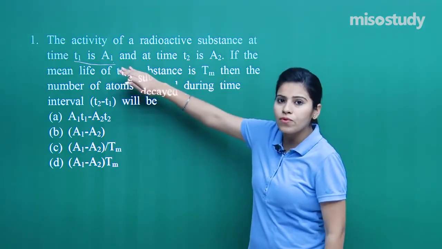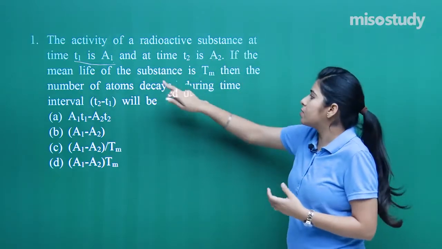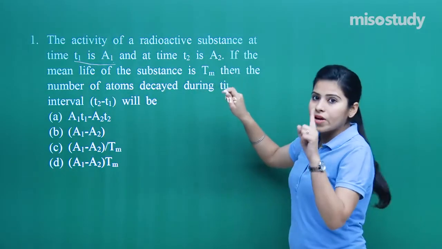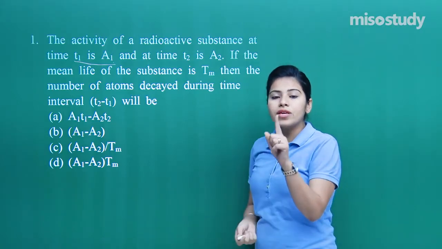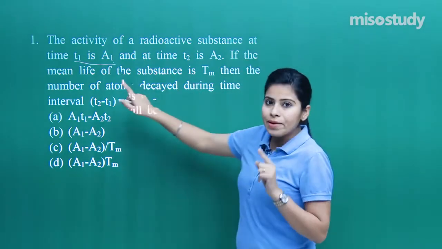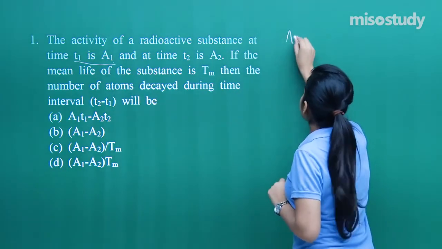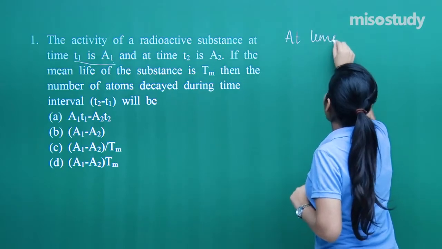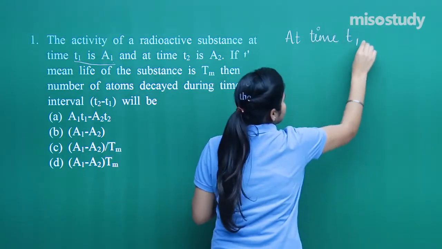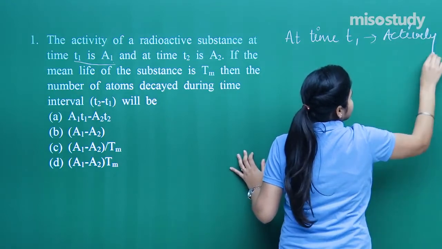First of all we will write what values have been given. For a radioactive substance, at time t1 its activity is A1.